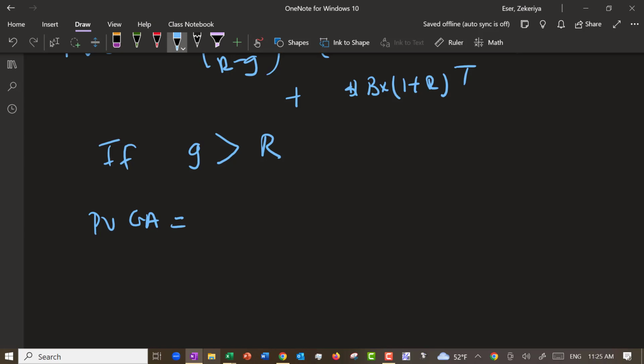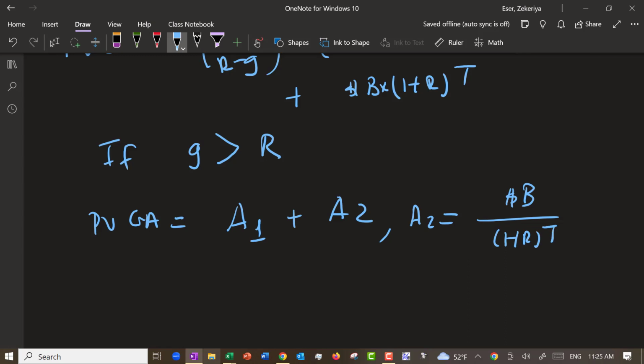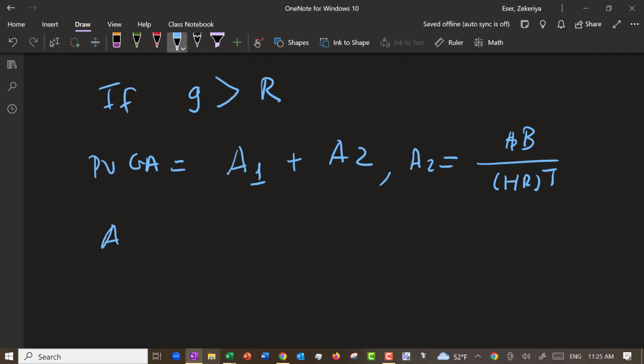I'm going to call this A1 plus A2, where A2 is simply the present value of the balloon. Actually, let me calculate it. This A0, let's call that PVB, present value of the balloon.